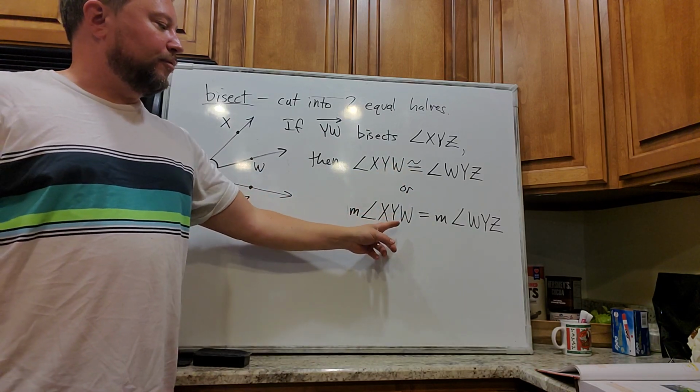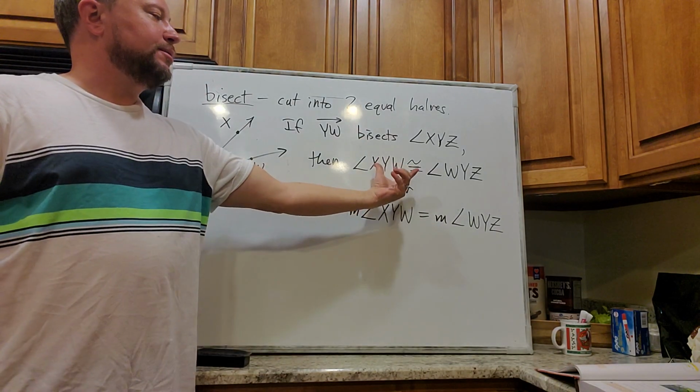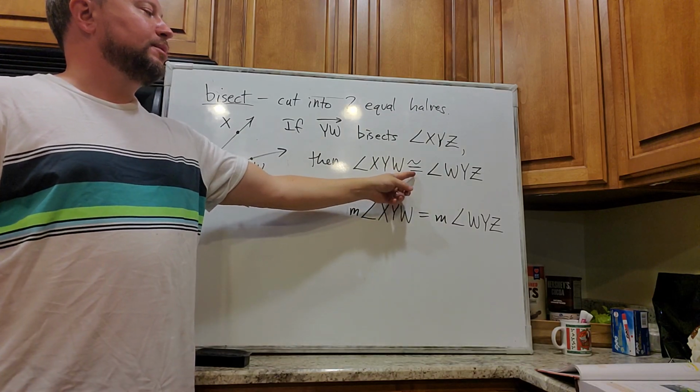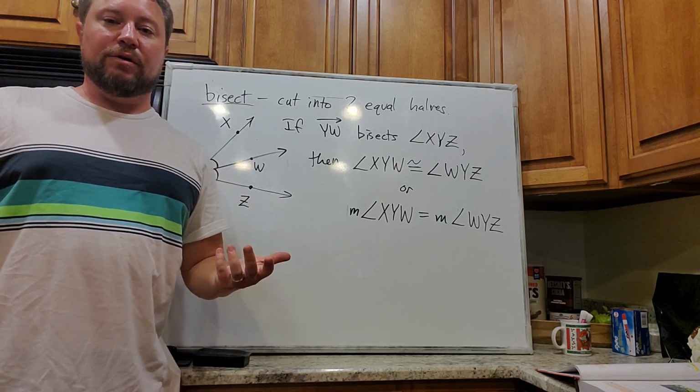If two angles are equal in measure, then they are said to be congruent. But when you write the congruent symbol, you don't have to put little m's in front of it. It's already understood that if they're congruent, they have the same measure.